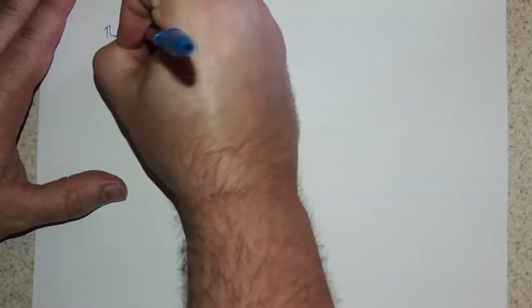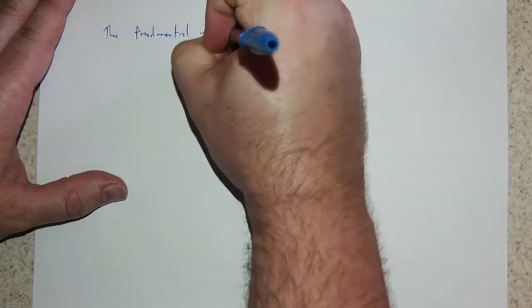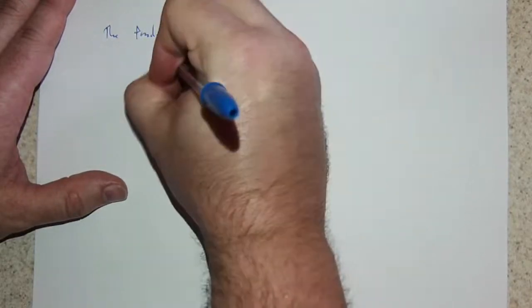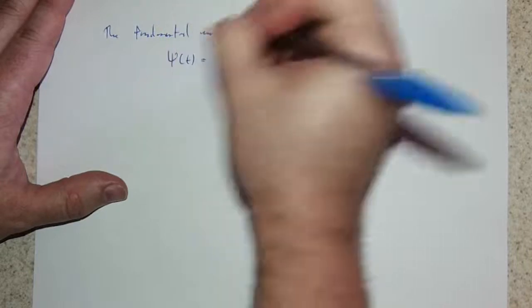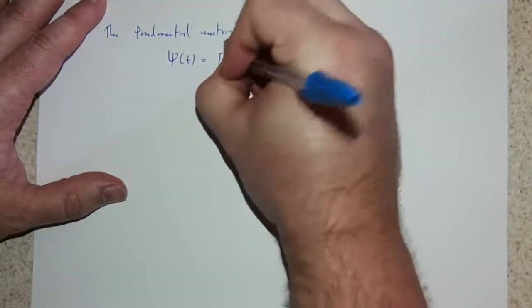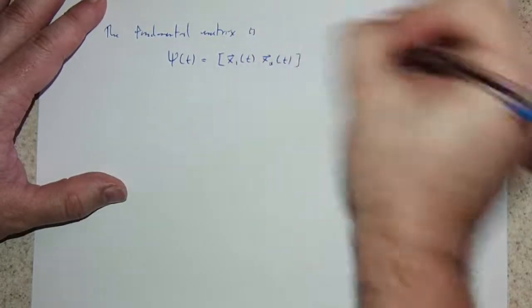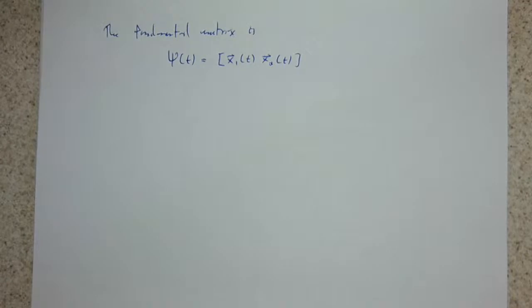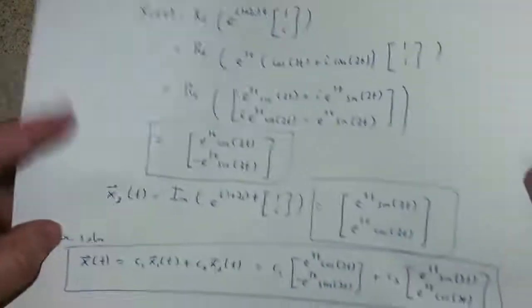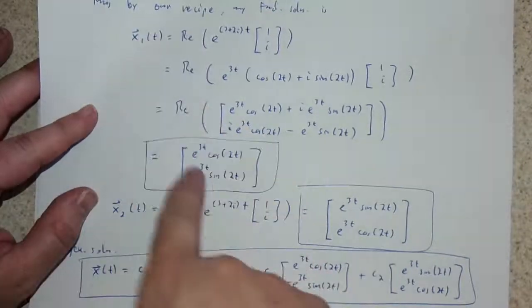Now, the fundamental matrix is the matrix that has as its columns the members of the fundamental solution set. Well, let's bring them back. Right, so there they are. Here's x1, here's x2.